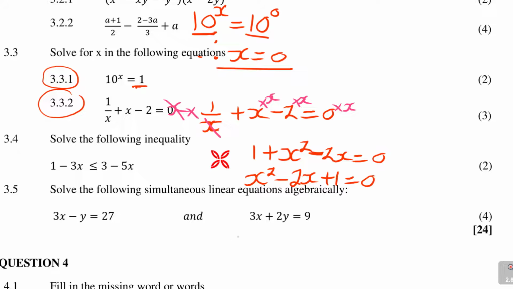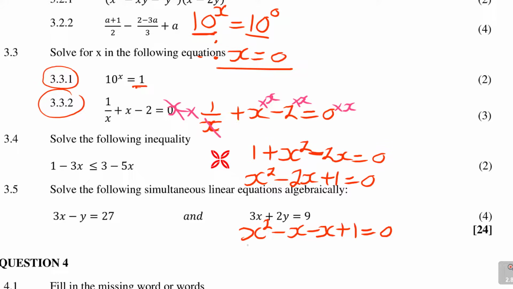If you use the product sum, you'll do the same thing here to say two numbers that you multiply, you get 1, and you add, you get minus 2. So you'll have here x squared minus x minus x, minus x minus x is minus 2x, minus x times minus x is plus 1, and then plus 1 equal to 0.